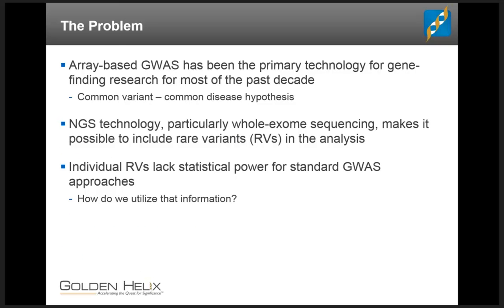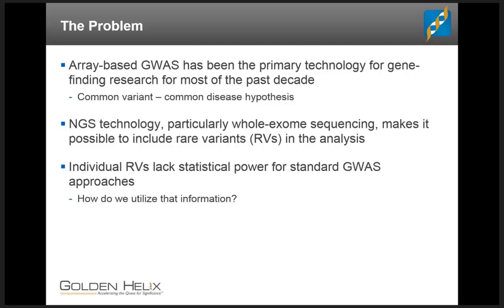So here's the problem. Array-based GWAS for really a decade or so now has been the primary technology that people are using in gene finding activities when looking for genes that are associated with a particular disease or other trait susceptibility.